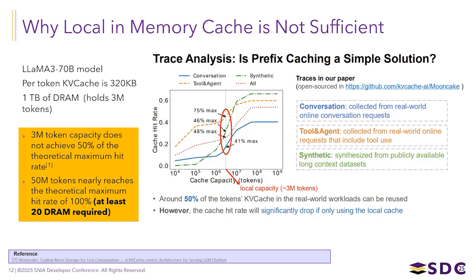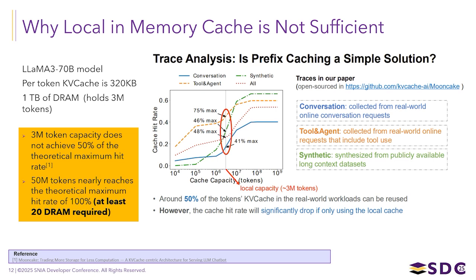There's a paper, Mooncake, that gives you a reason why you need remote storage. What they did is a quantitative analysis of cache capacity considering the Llama 17 billion model.